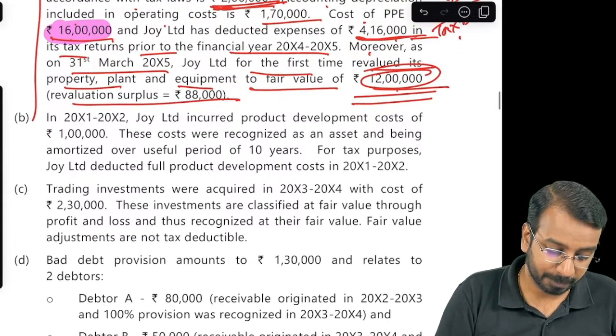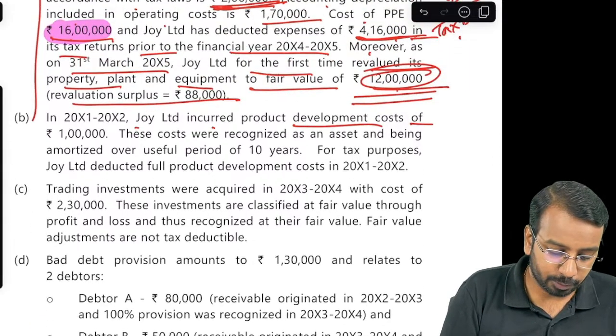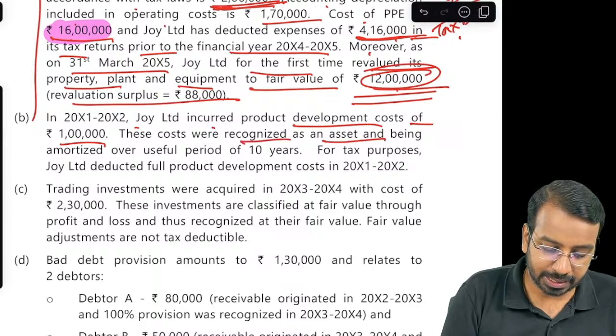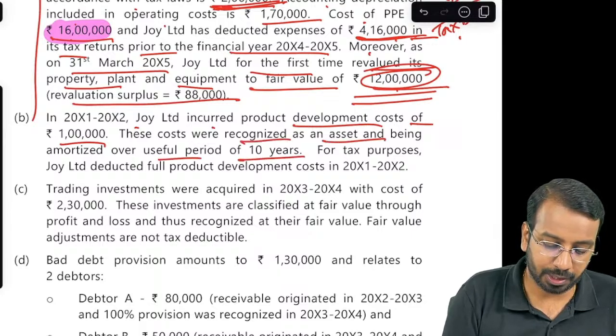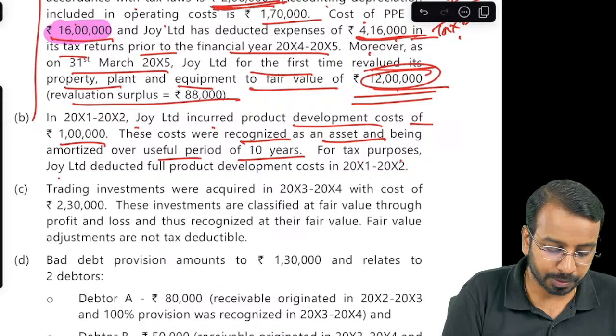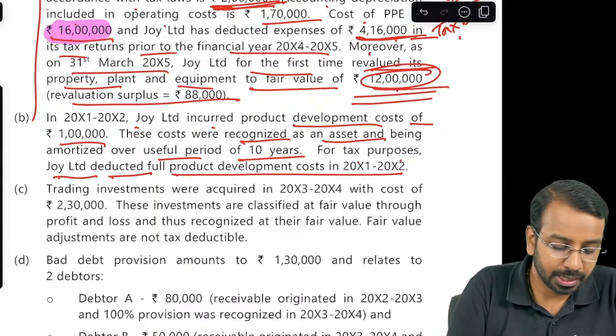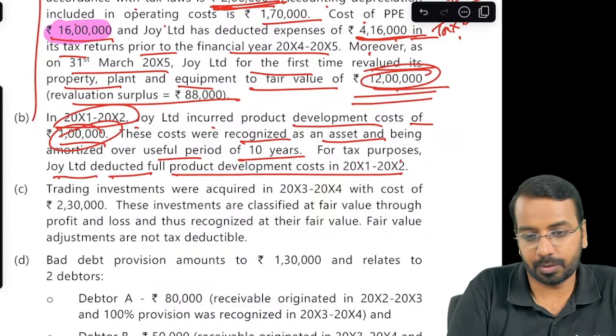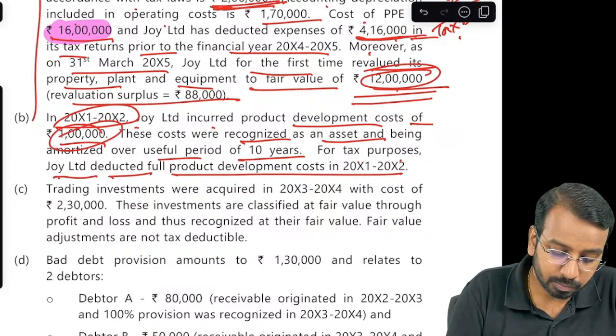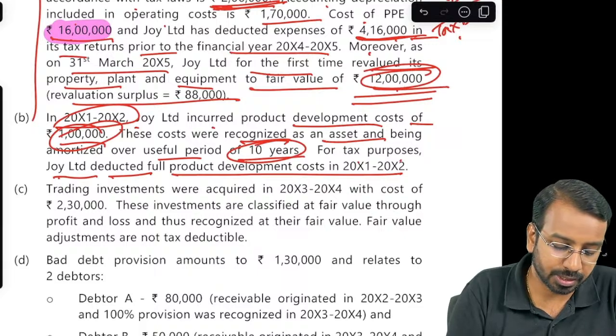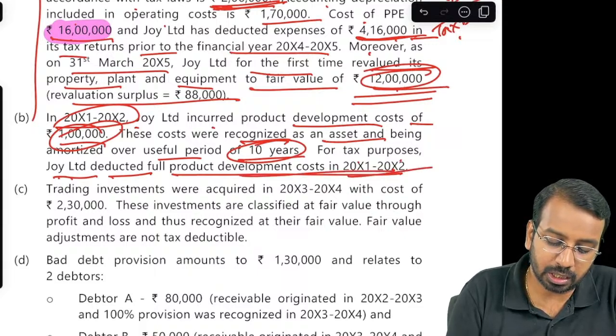Okay, then Joy Limited incurred product development cost of 1 lakh. These costs were recognized as an asset being amortized over useful life of 10 years. For tax purposes, Joy Limited deducted full product development cost in year 1, year 2. Means what? In year 1, year 2, we incurred 1 lakh. It has a useful life of 10 years. For tax purpose, it is fully written off in year 1, year 2.